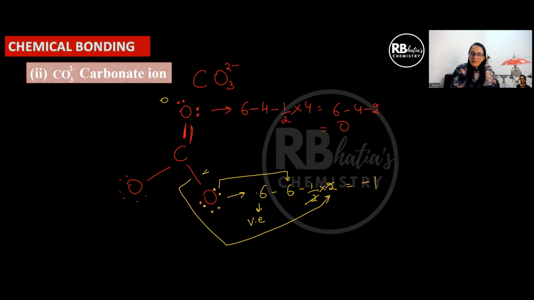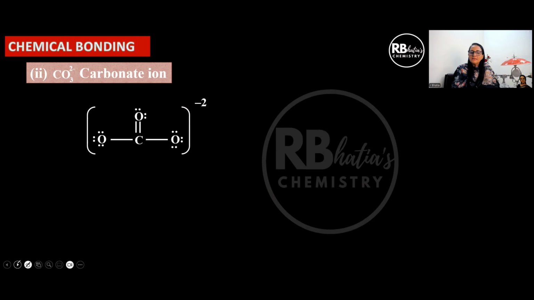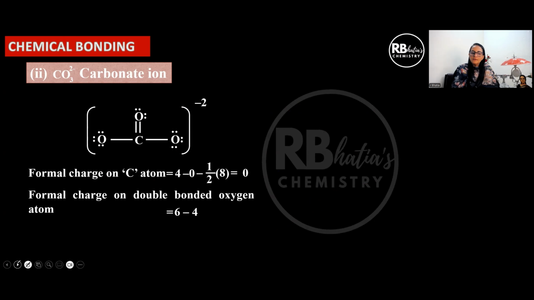So this gets -1 formal charge. This has the same surrounding, 1 bond and 3 unshared pairs. So this is also going to get -1, right? So total -1 and -1 on each atom means the net charge becomes -2. So that's how you're going to confirm, right?